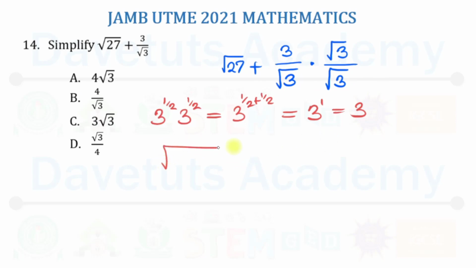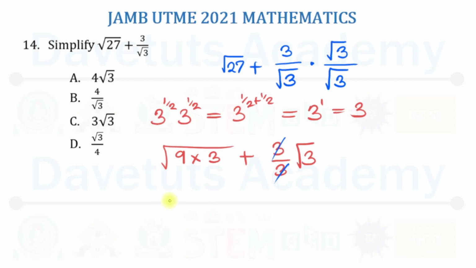Then I will have the root 27, which is itself root 9 times 3, okay, plus, since I'm saying that the denominator is 3, I'm having 3 over 3 multiplied by root 3, because these two already I got to be 3, okay? So you can see that this 3 will cut out. Root 9 times root 3 is root 9 multiplied by root 3, and root 9, we know that that is 3.